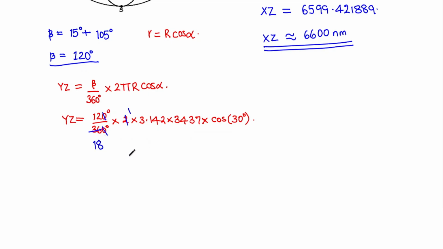Now let's enter this in the calculator. Otherwise, you can continue reducing it down to have something smaller, but you don't need to stress yourself out. You just enter into the calculator and you get our answer right away. So our YZ is equivalent to 6,234.83.